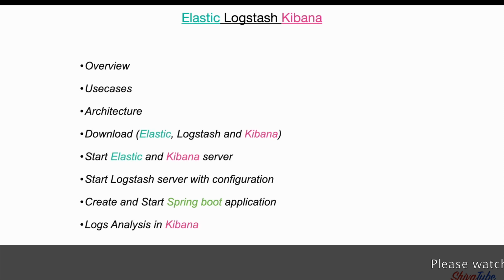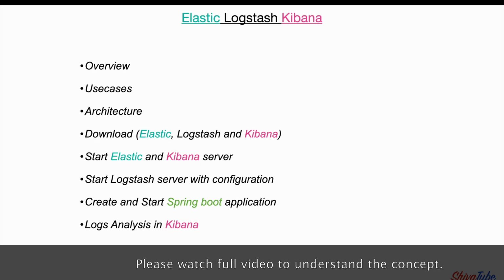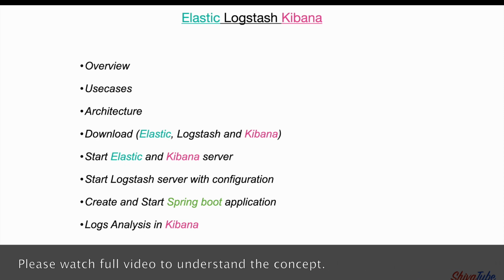So here these are the contents which I will be going through. Overview, use cases, architecture. Then I will show you how to download the Elasticsearch, Logstash and Kibana. Then we will start the Elastic and Kibana server.